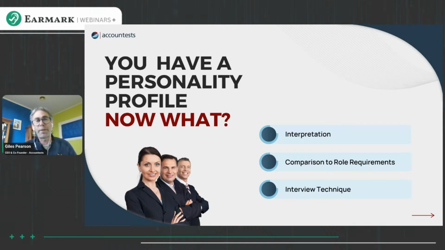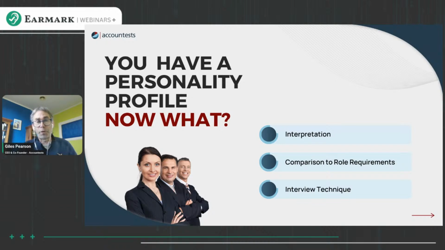It doesn't tell you how they will work, and people have coping mechanisms for traits which they know are not the greatest in the role that they're in. Your job is to find out whether they realize that, and how they deal with that, or actually are they blind to that, and that's potentially going to become an issue for you when they're working for you.